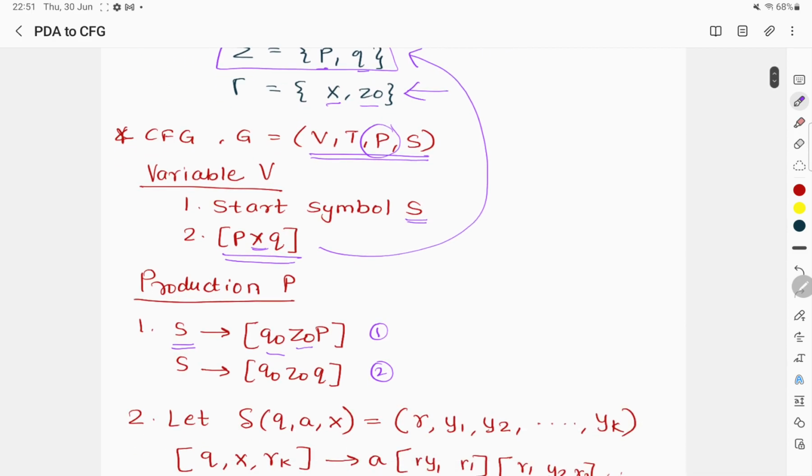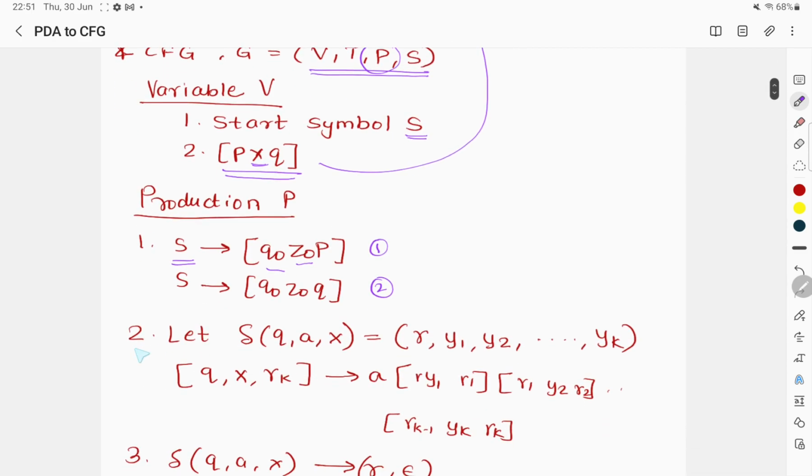Then after that, what are the other types of production rules? The second type of production rule that we can make is when I have a transition, that is delta of Q on some input symbol A and X as a tape symbol, it goes to some other state R. So Q is a state, R is a state.